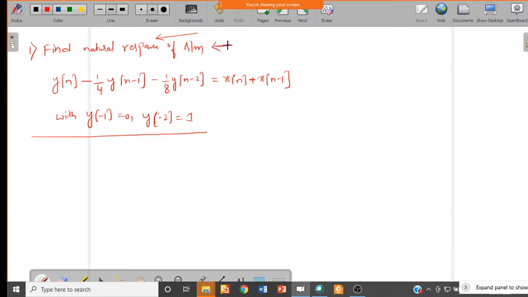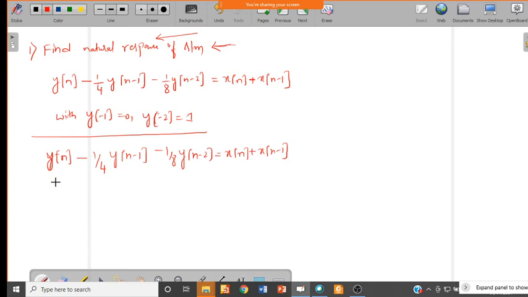Now take this difference equation and apply the unilateral Z transform to find the natural response. y of n minus 1 by 4 into y of n minus 1 minus 1 by 8 into y of n minus 2 is equal to x of n plus x of n minus 1.